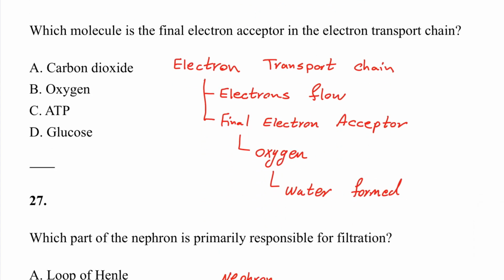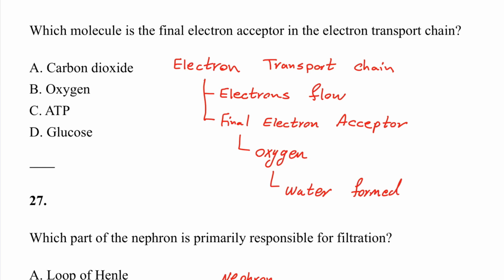26. Which molecule is the final electron acceptor in the electron transport chain? The electron transport chain is the final stage of aerobic respiration. Electrons pass through a series of protein complexes located in the inner mitochondrial membrane.